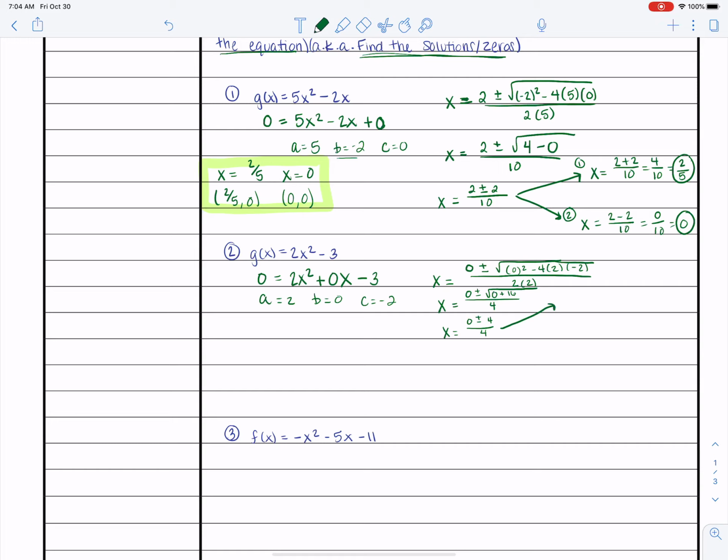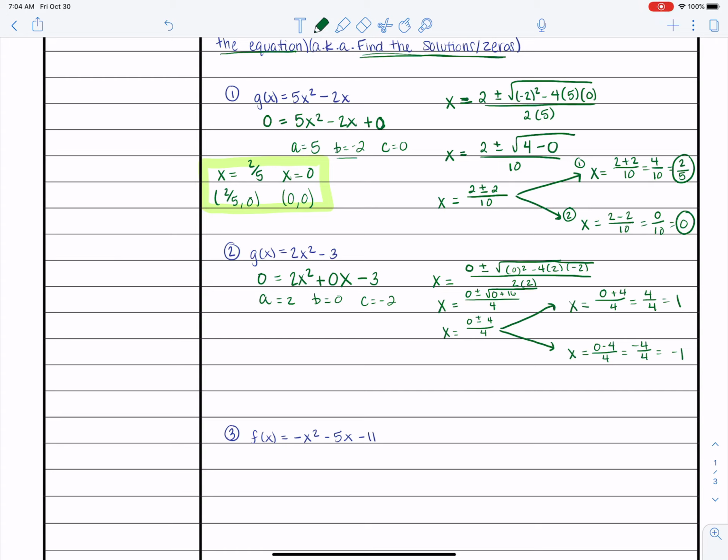So that's going to split into 2. Let's rewrite that. x equals 0 plus 4 over 4, which is 4 over 4, which is 1. Or 0 minus 4 over 4 is negative 4 over 4, negative 1.